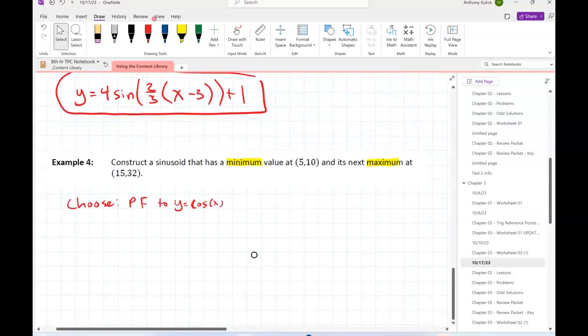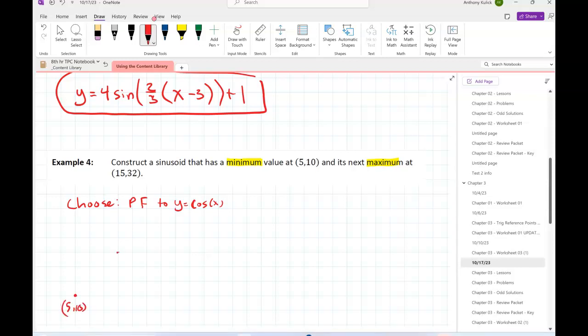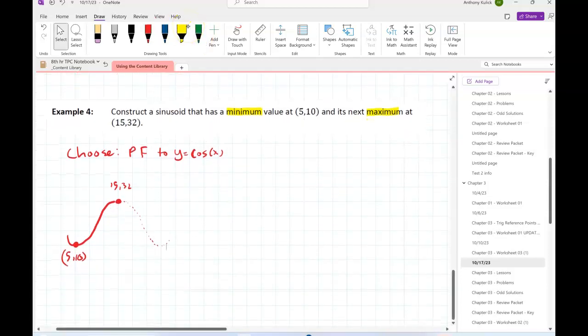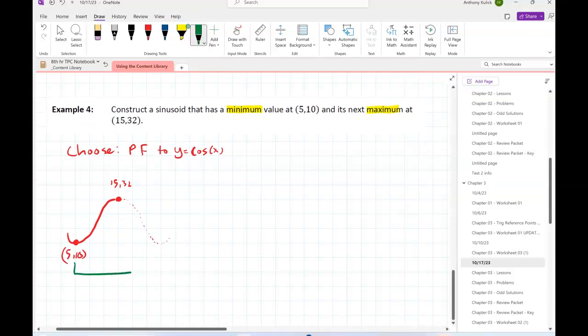All right, so let's think about what's going on here. So I have some minimum here at 5, 10. And then I have some maximum here at 15, 32. Everybody's okay with that? If I extend this out, then that's now like a full cycle of my graph, right?